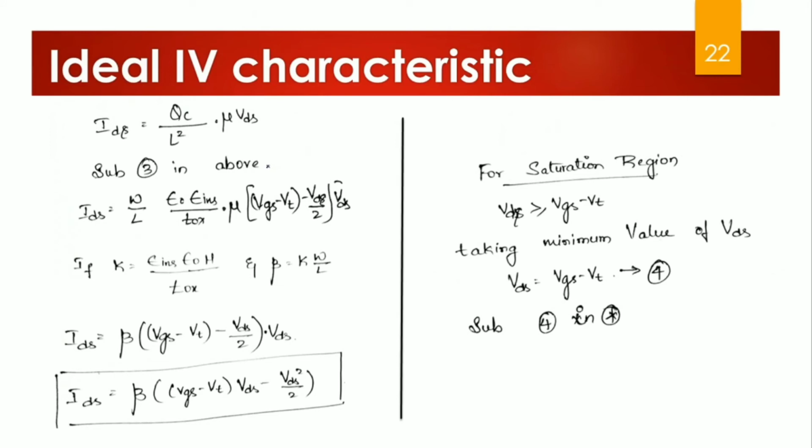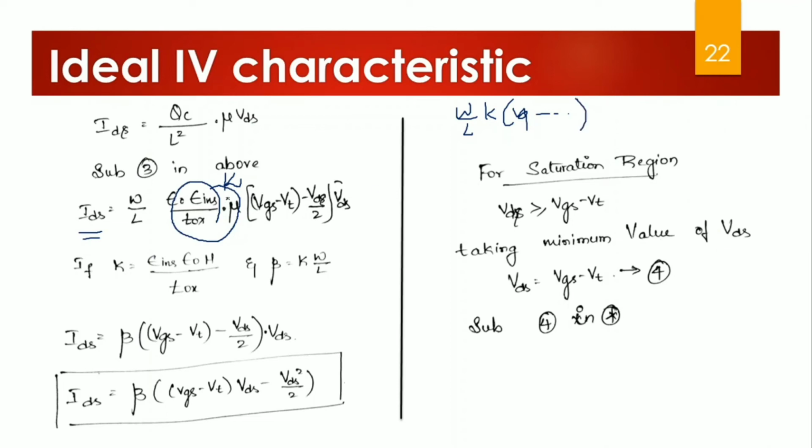If I substitute both in the equation and simplify it, I will be getting IDS is equal to W by L epsilon naught epsilon insulator divided by TOX into mu. If I consider this complete term, epsilon into mu divided by TOX, as K, then I can write IDS as W by L into K into VGS minus VT minus VDS by 2 into VDS.